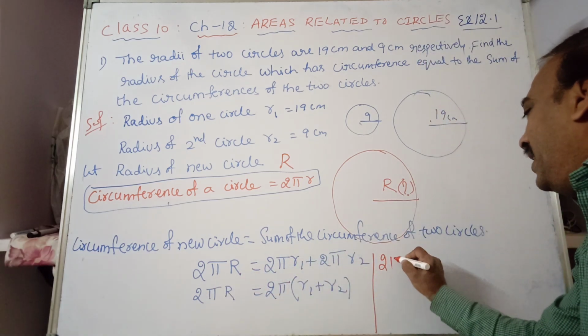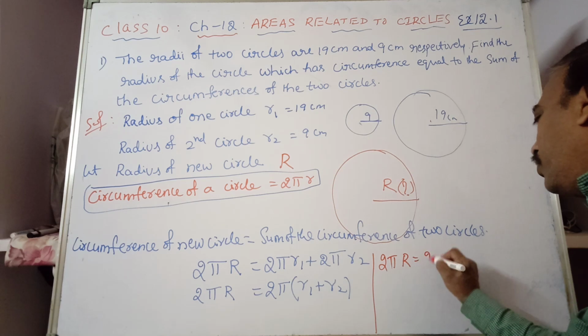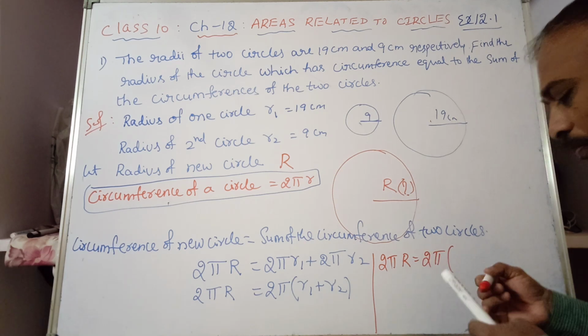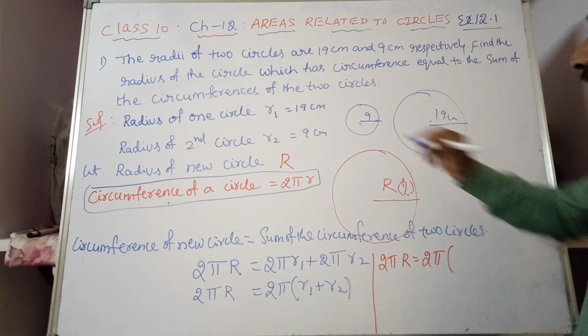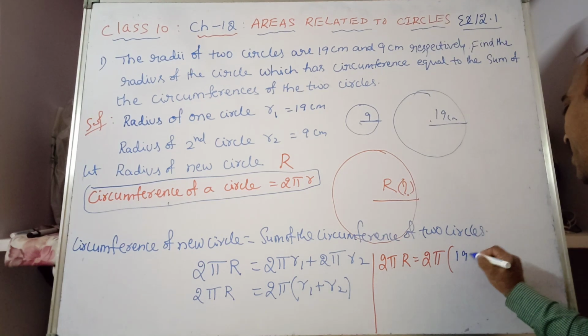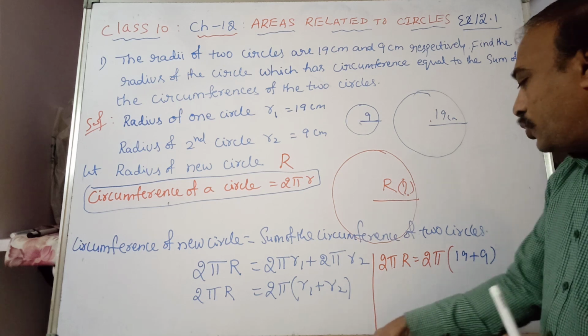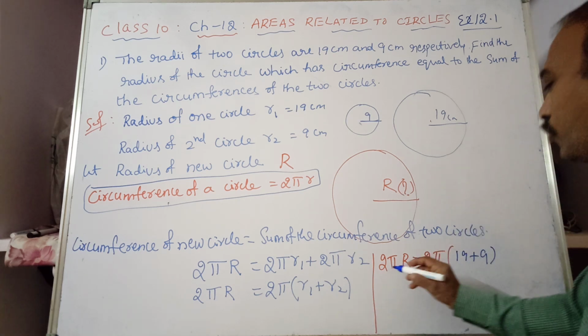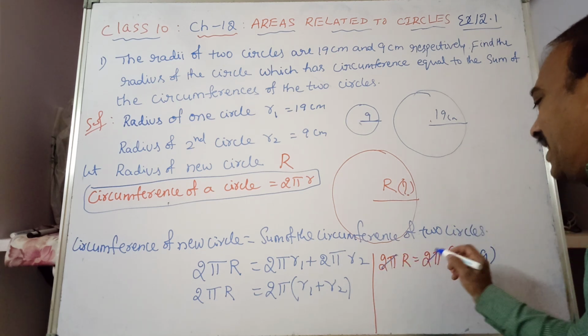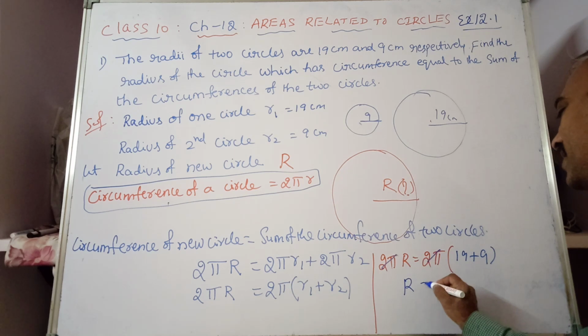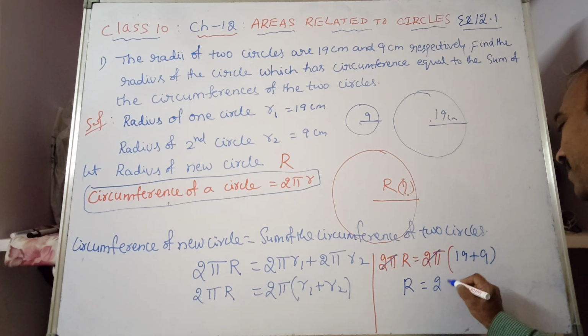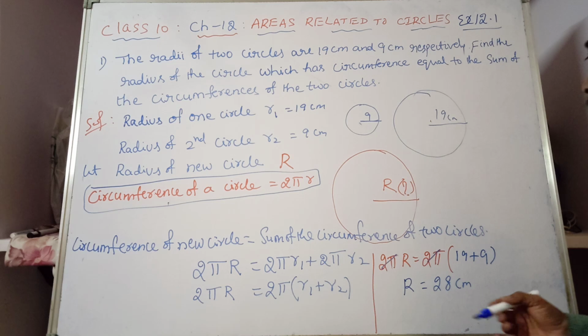So 2 pi capital R is equal to 2 pi into r1 plus r2. What is the radius one? 19 centimeters plus 9 centimeters. Now you observe it, 2 pi and 2 pi get cancelled. So the radius of the bigger circle is 19 plus 9, 28 centimeters.